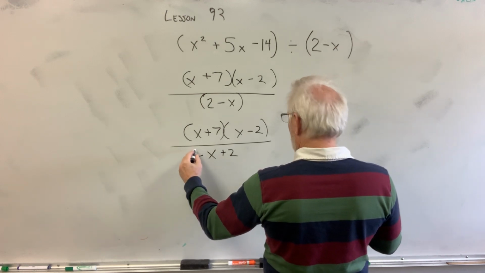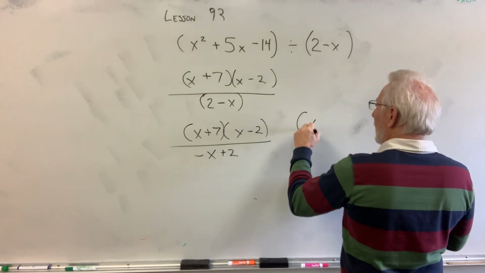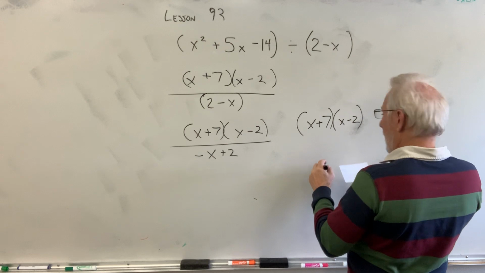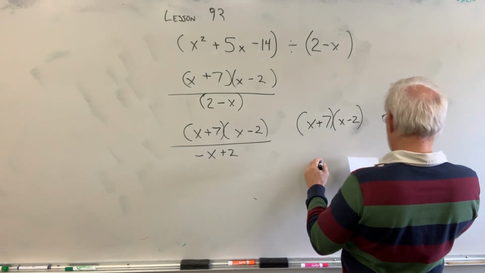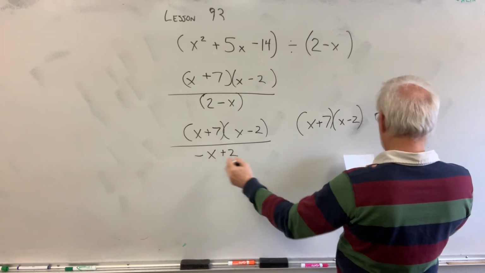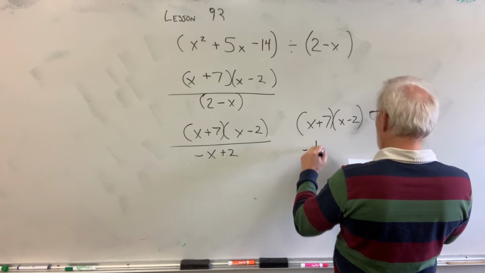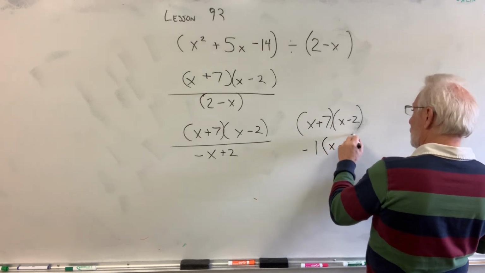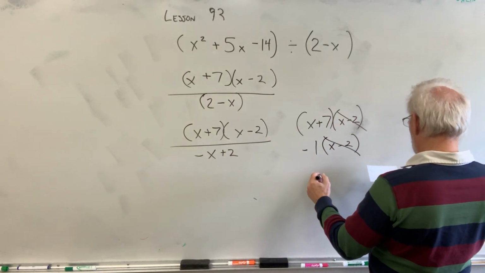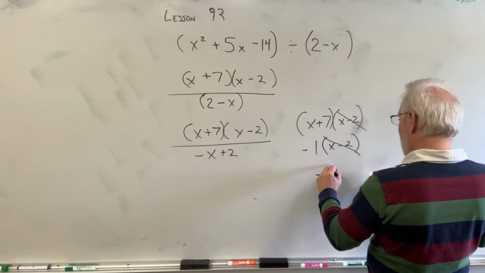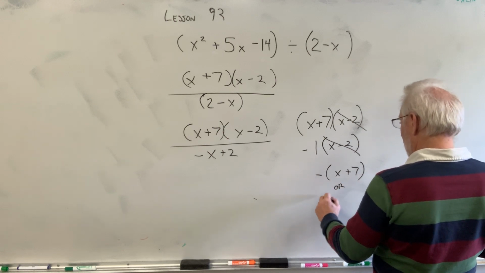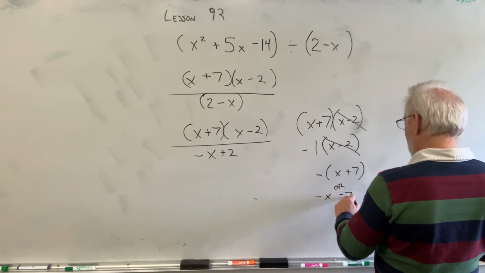Okay, we multiply that by negative 1, so we're going to get x plus 7 times x minus 2, and when you multiply this out, we're going to get negative 1 times x minus 2. Cross those two out. Now you still got the negative here, so you end up with a negative x plus 7, or if you wanted to, you could go negative x minus 7.